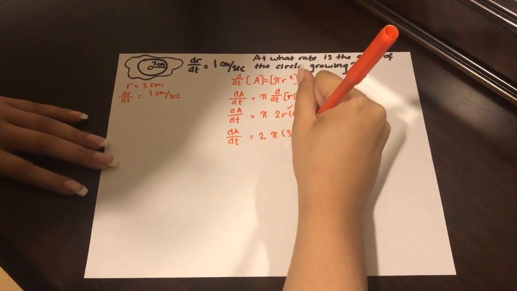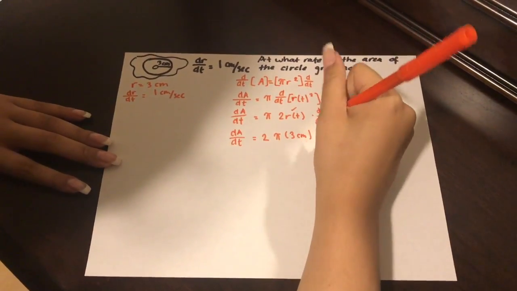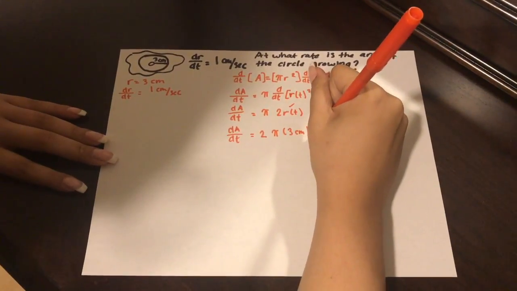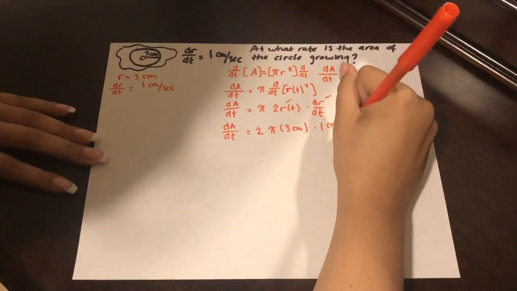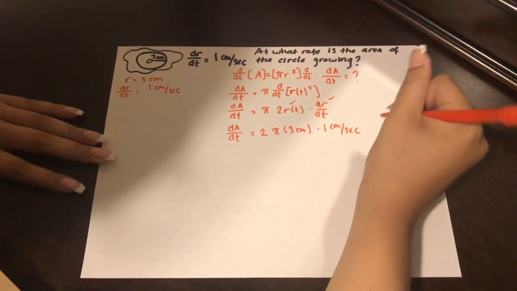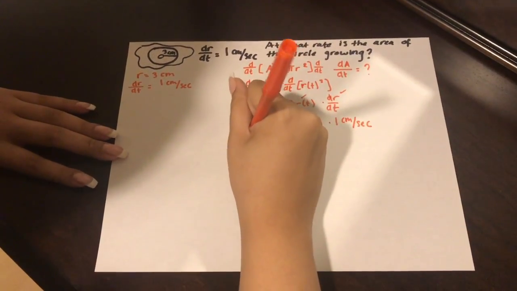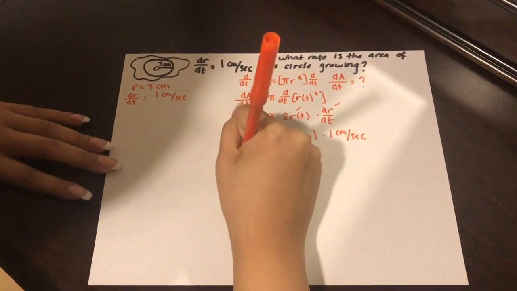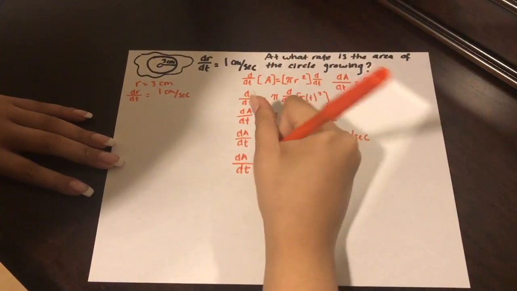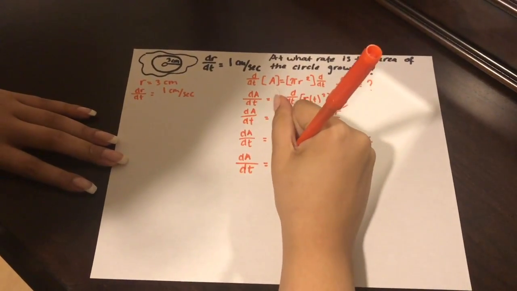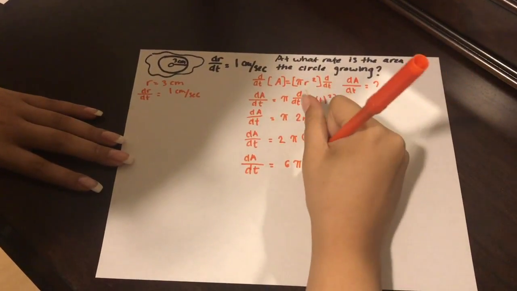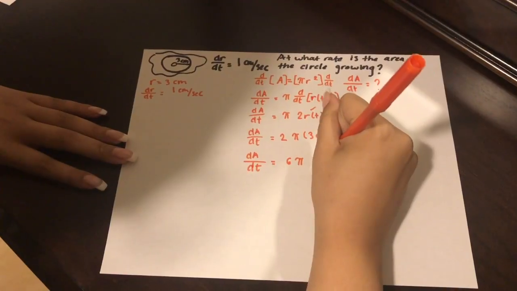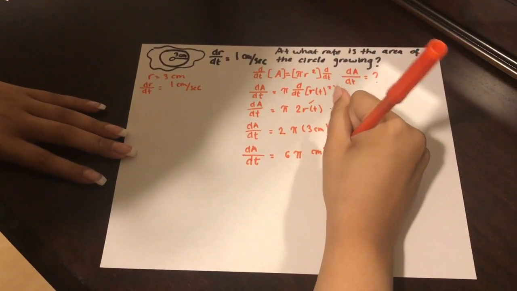r equals 3 centimeters, times the rate, which is 1 centimeter per second. So now we just simply solve, and we will get 6 pi centimeters squared per second.